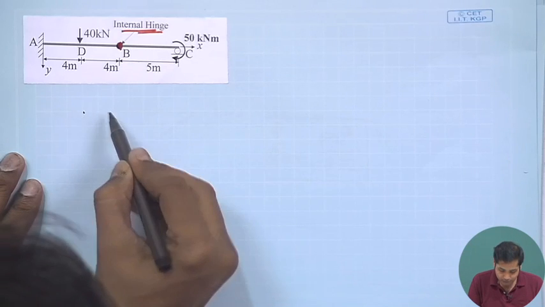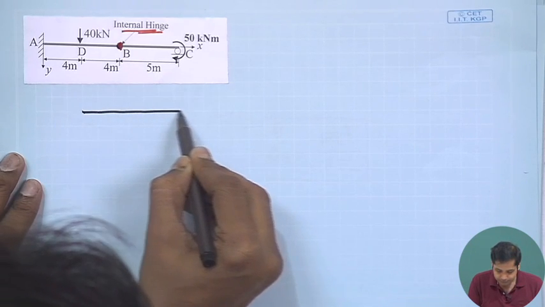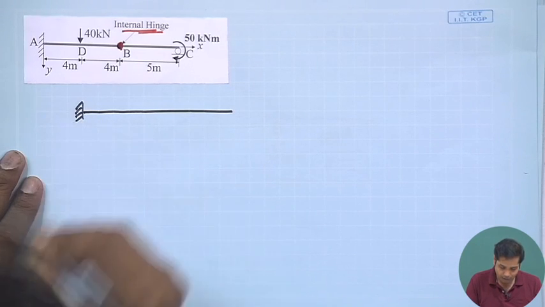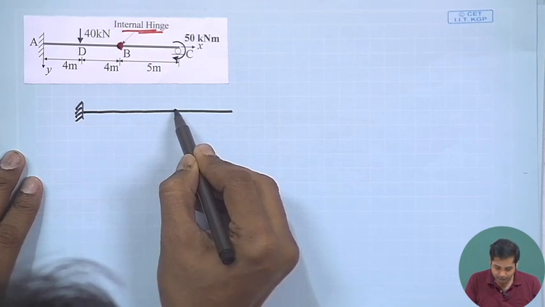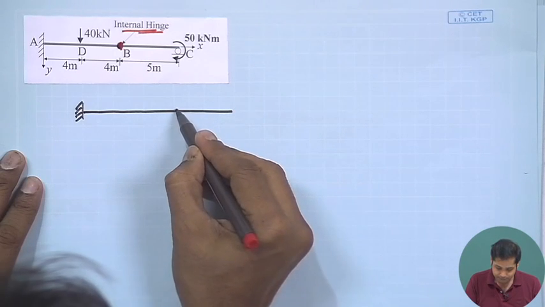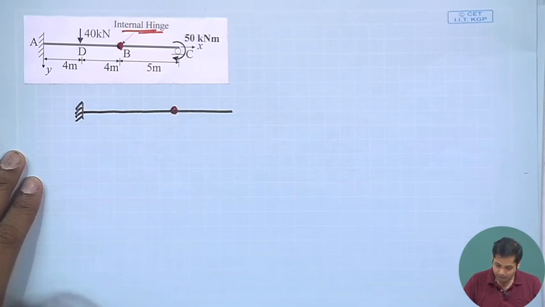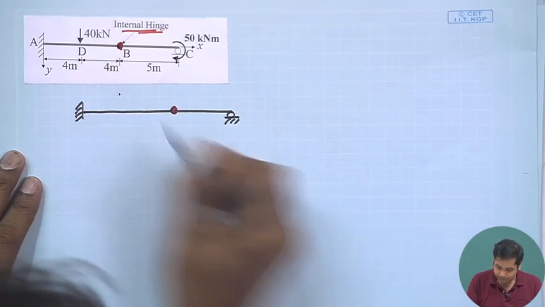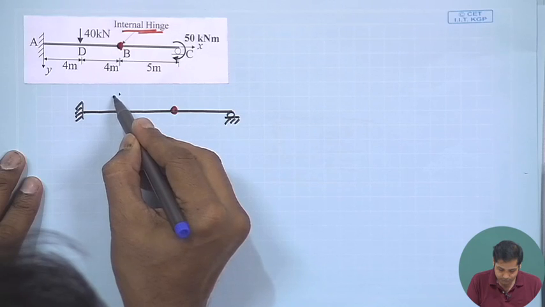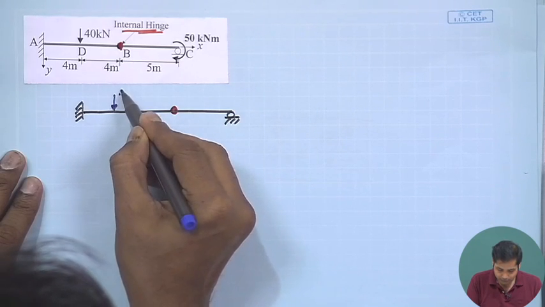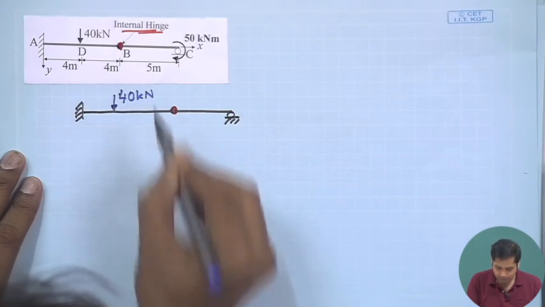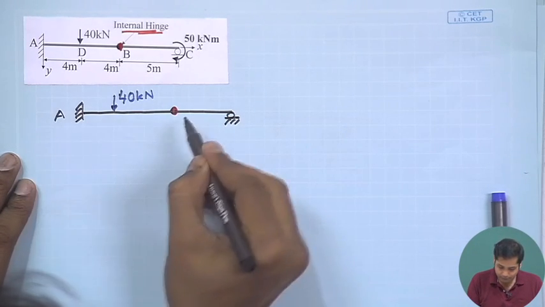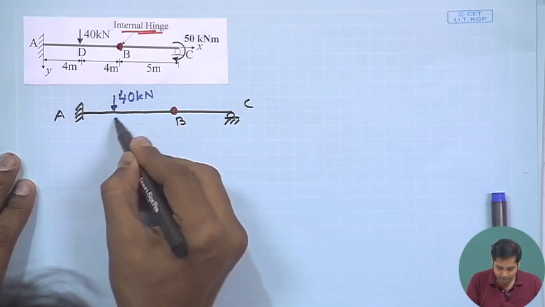So the first part is the same beam, one end fixed, and then we have an internal hinge here, and then a roller support, and then the externally applied load of 40 kilonewton. And this is A, B, C, and this is D.